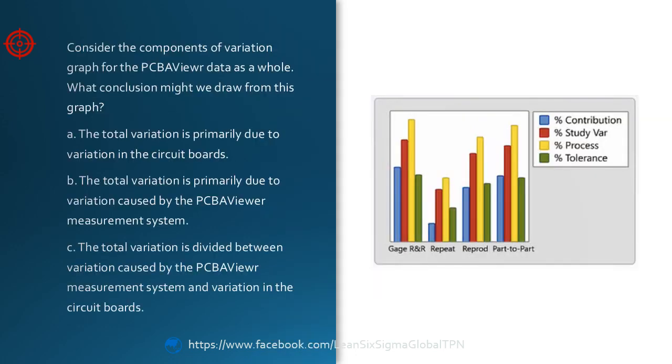So now consider the components of variation graph for the PCBA viewer data as a whole. What conclusion might we draw from this graph?